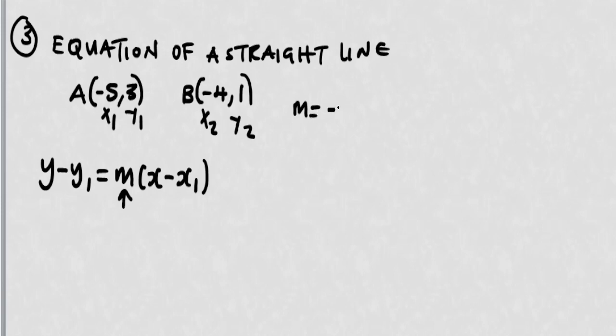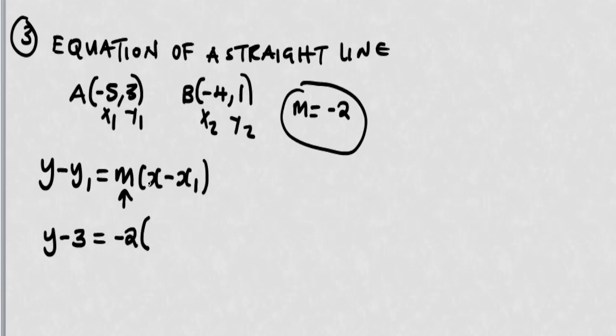We found the gradient to be -2. So you come here and you say y minus, what is our y1? Our y1 is 3, is equal to the gradient we found, -2, open brackets, x minus x1, our x1 is -5, like that.